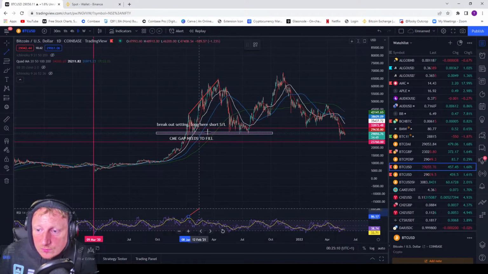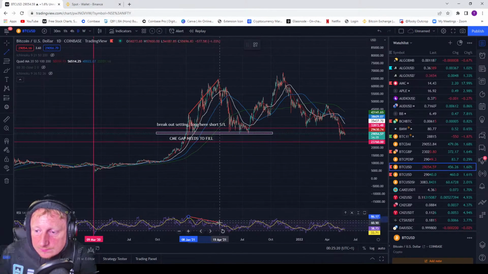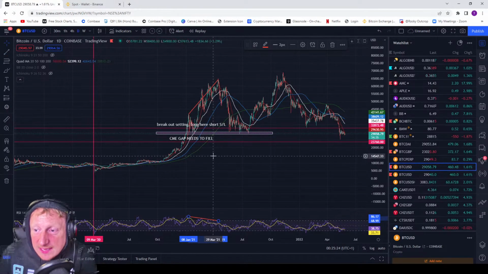Then when it went up to this one here, we ended up coming to here, so it's going down. Then this one, and then it goes down. And this one, then it goes down. So we have a definite, consistent bearish divergence.